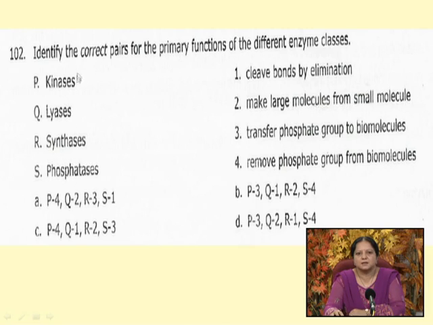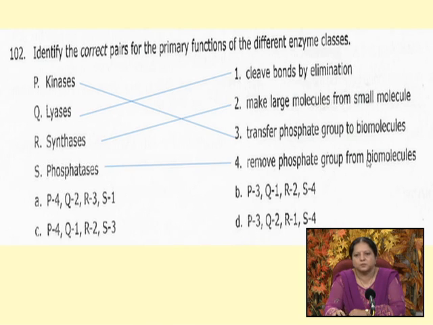So we have kinases, lyases, synthases, phosphatases, and it should be very clear to you now what kind of reactions these groups of enzymes catalyze. So we see kinases transfer phosphate groups to biomolecules, lyases cleave bonds by elimination, synthases make large molecules from small molecules, and phosphatases remove the phosphate group from biomolecules.